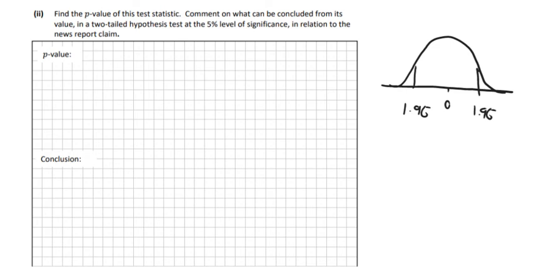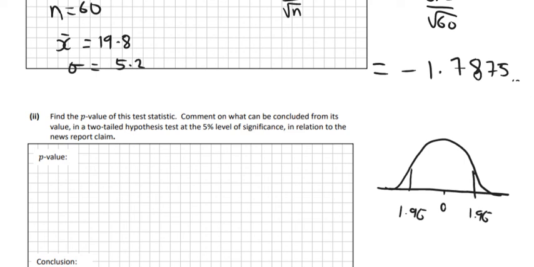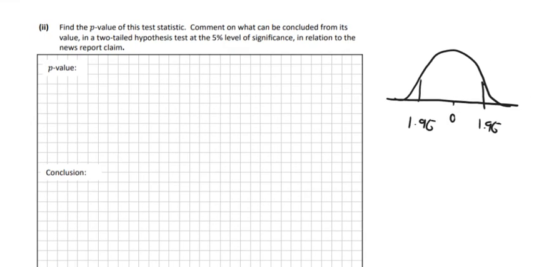Our test statistic from the first part was minus 1.7875, so we'll round it to 1.79. So minus 1.79 wouldn't be quite as far as the 1.96, so it'll be here. And it's a two-tailed hypothesis test, so two-tailed means that we've got to test over here as well.